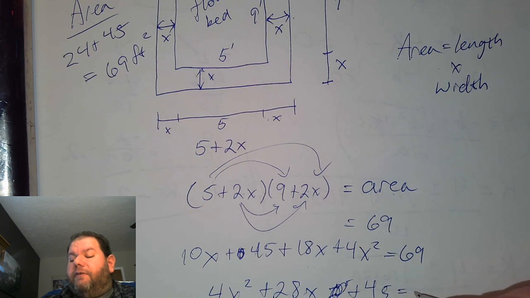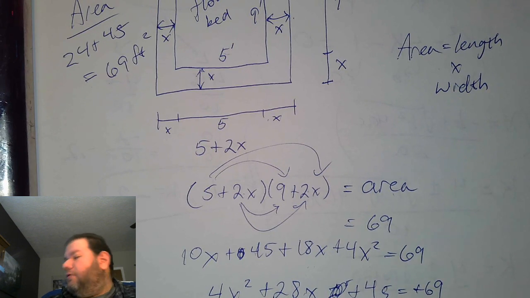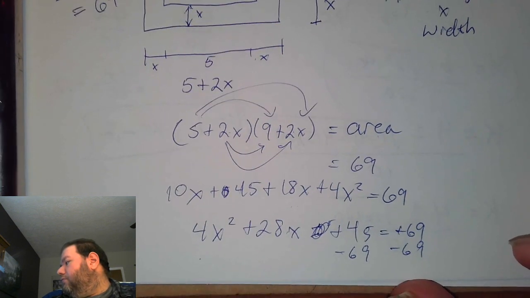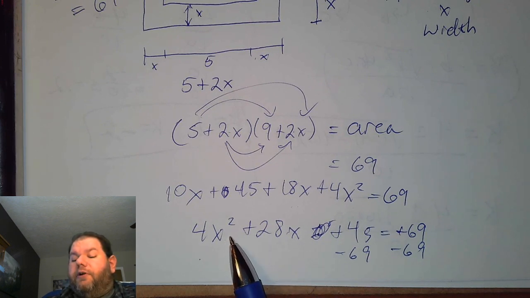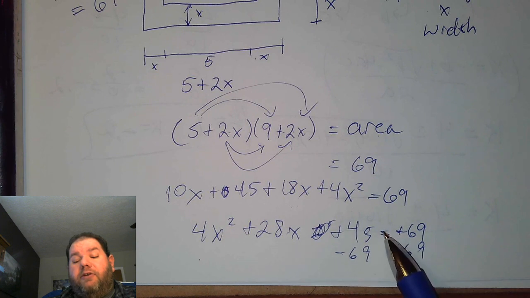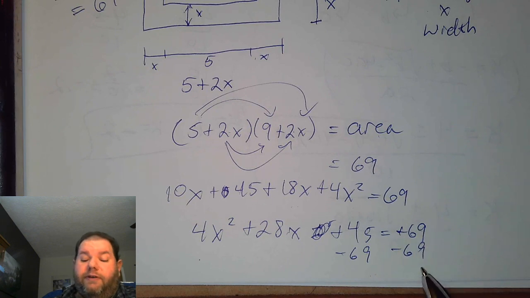Sorry, I got ahead of myself with the subtraction. So we'll subtract the 69 over. It'll be 4x squared plus 28x, and the constant will be 45 minus 69, which is minus 24, and this will be 0 on the right-hand side.